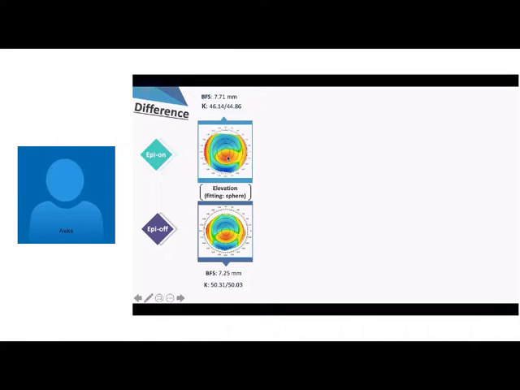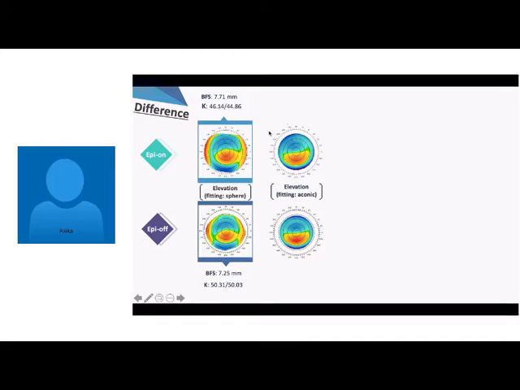They look quite the same, upper and lower, but if you look at the numbers, we see the best fit sphere has a much shorter radius on the stroma than on the epithelium, and the change is actually 4 diopters between the epithelium and stroma.